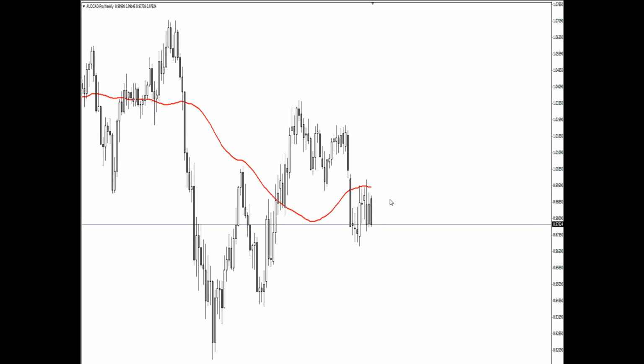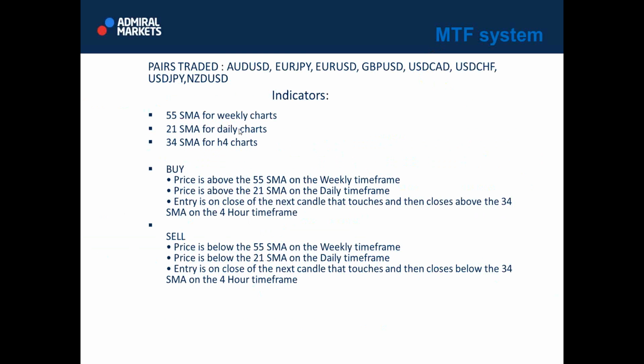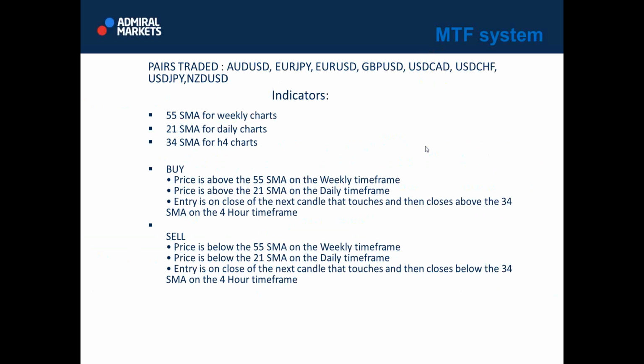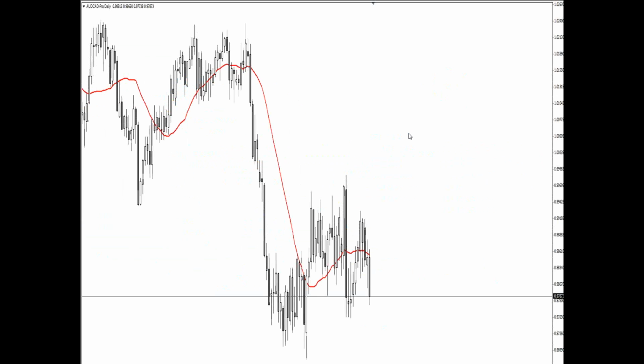When we want to take a trade, we take a look. So I have taken this setup today. Look, weekly is below 55. Okay, sell. Done. Then let's move to the daily time frame. On the daily, price needs to be below 21. Price is below 21.